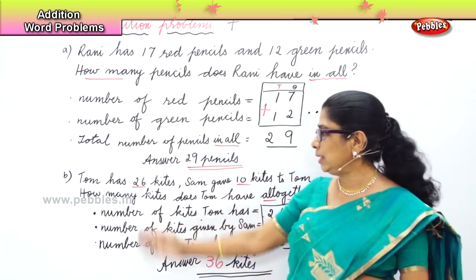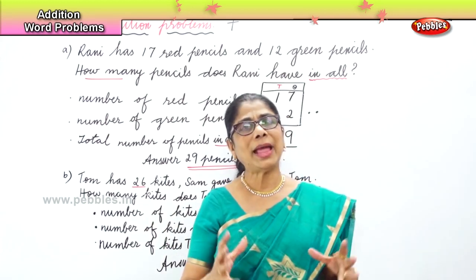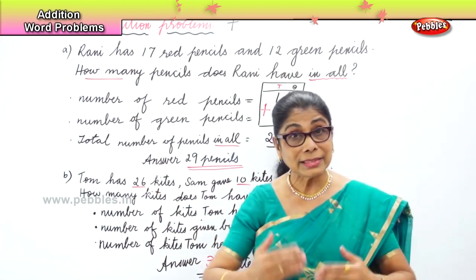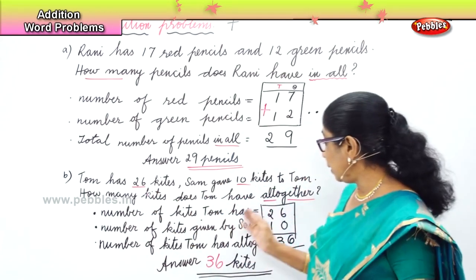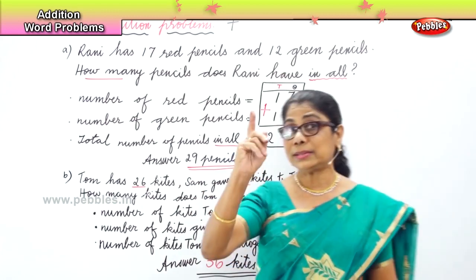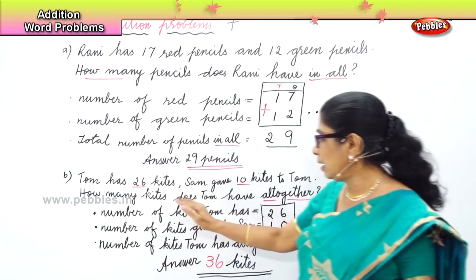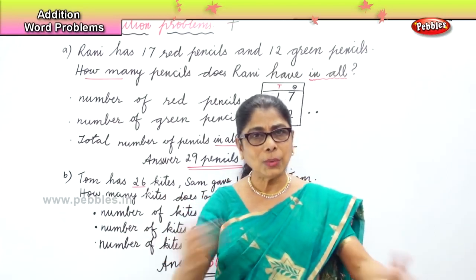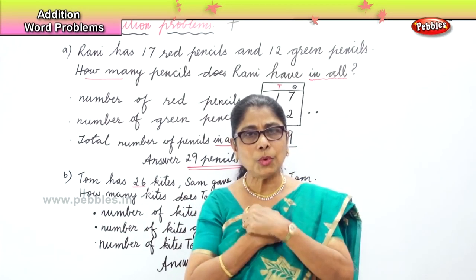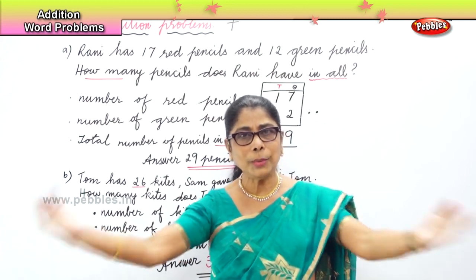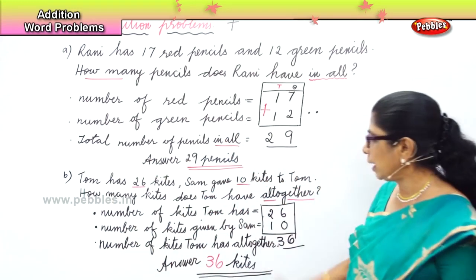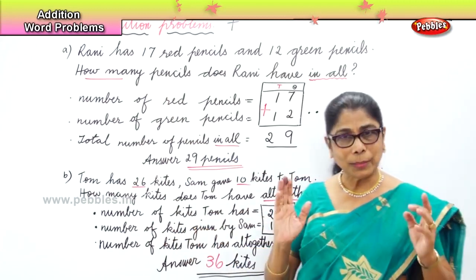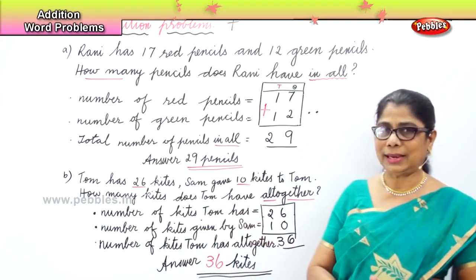The next story is Tom. Tom has 26 kites and his friend Sam gives him another 10. The question here is, how many kites does Tom have altogether? He had 26 and Sam gave him some more. Now he's counting how many altogether. So first statement, number of kites Tom has, 26.